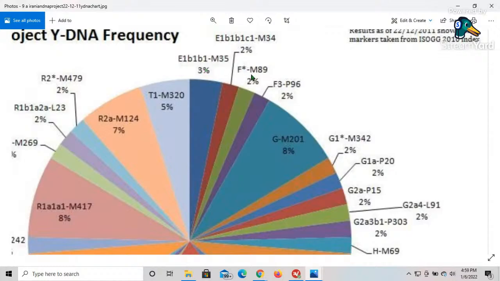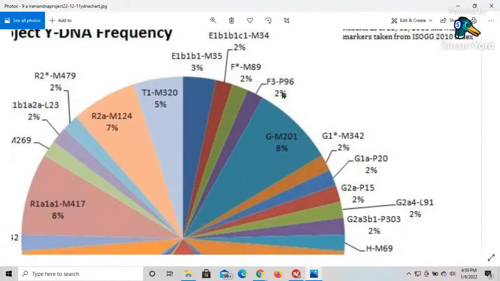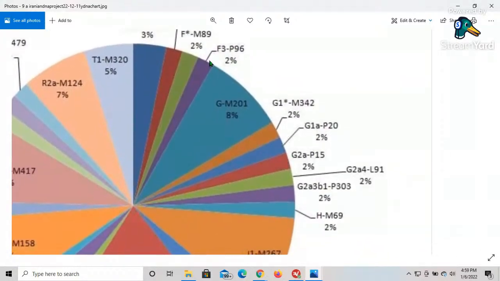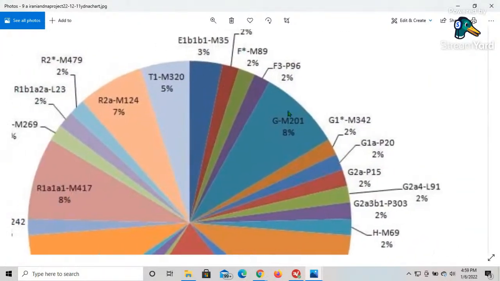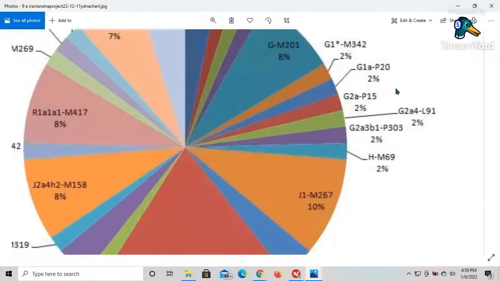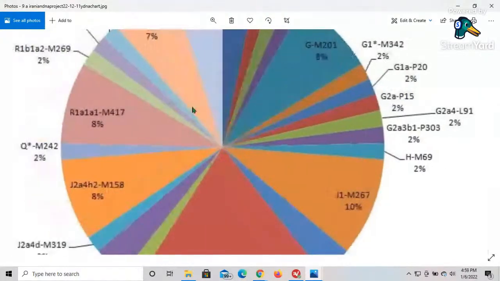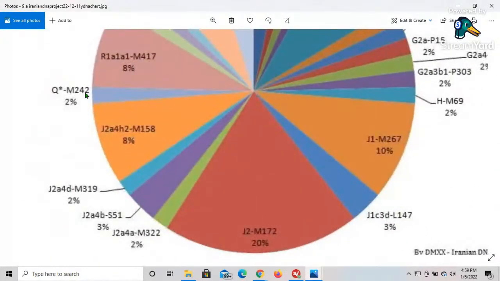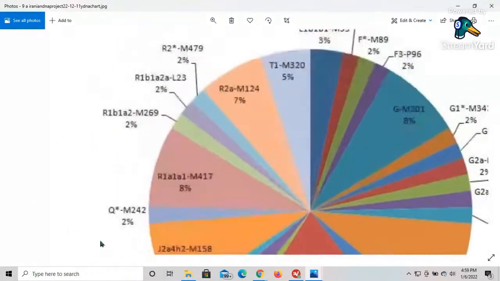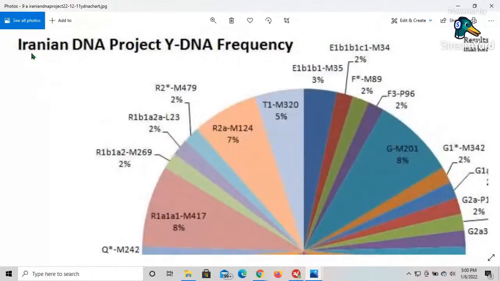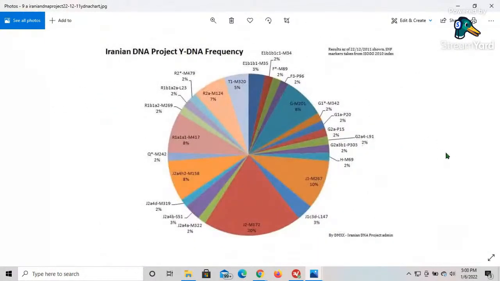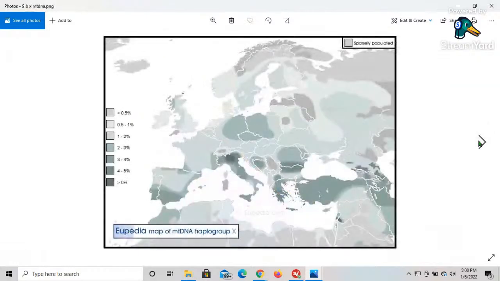We got F3, probably Assyria here, Aramean, Lydians, Assyrian, and some Elamites in Iran. But the majority, the largest population, of course, being Israel in Iran, which is interesting, you might say.